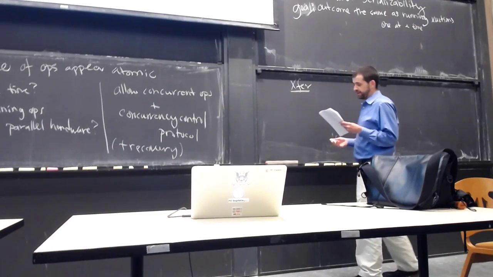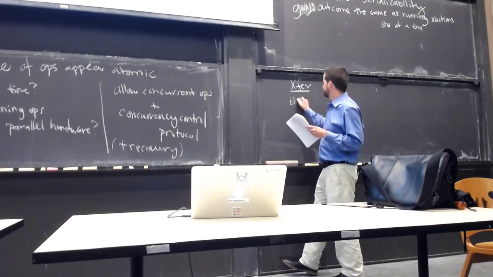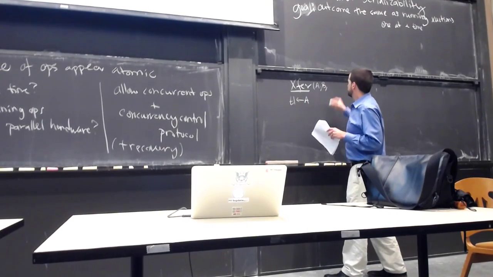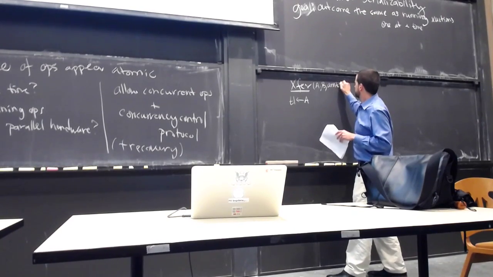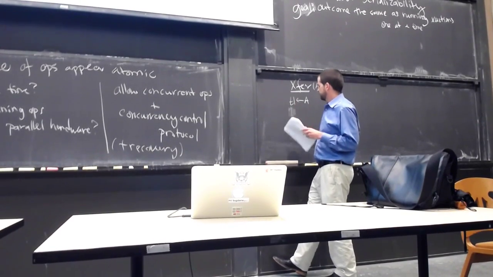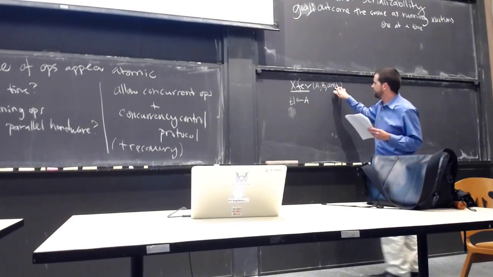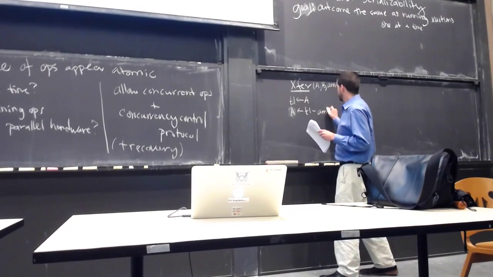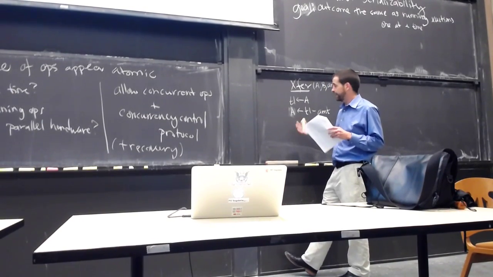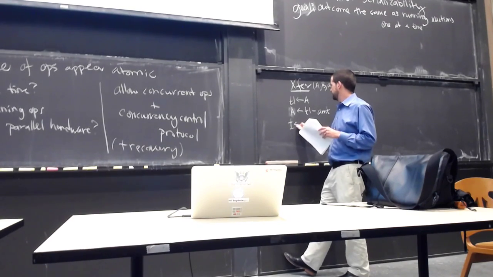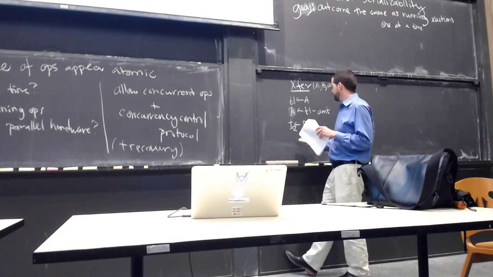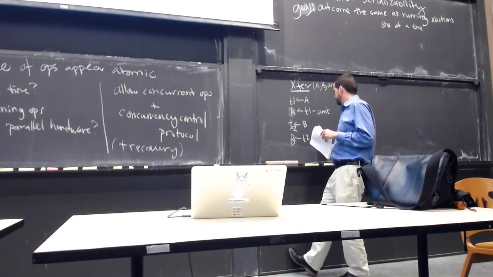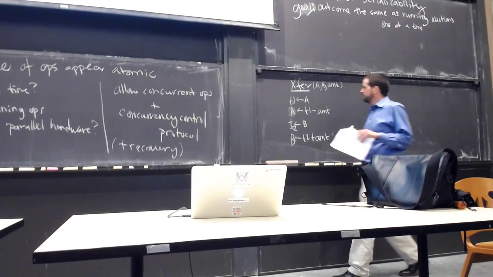What transfer does is it reads into some variable T1 the value of some bank account A. Then it deducts the amount from A, so A gets T1 minus amount, and then it adds that amount to some bank account B. So T2 gets B, and then B gets T2 plus amount. That's a bank account transfer.